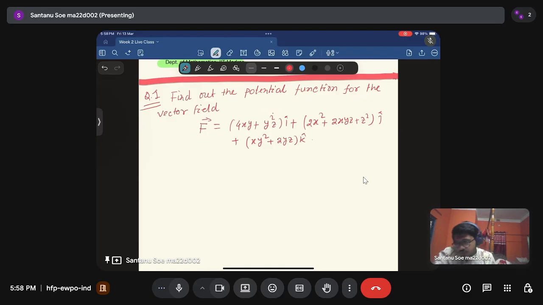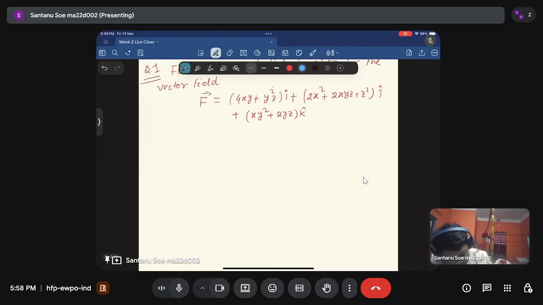Okay, so for this given vector field or for this given vector function, we have to look for our scalar function phi such that F equals to gradient of phi. Correct. So now we're gonna do the solution. And if you want to give a try, you can pause the video.